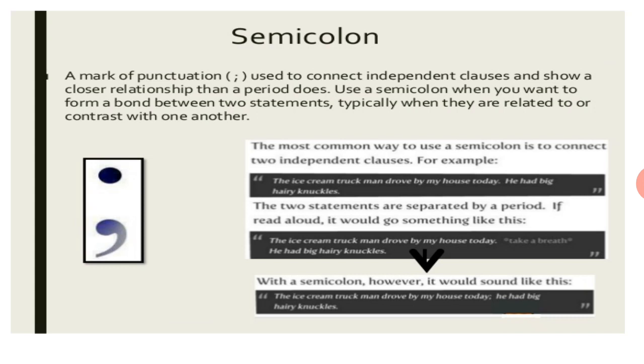So when you are giving a break between two statements with the help of a semicolon, you connect the independent clauses. Independent clauses are two separate statements that are connected to one another. For that we have to use a semicolon and show the bond between two statements.